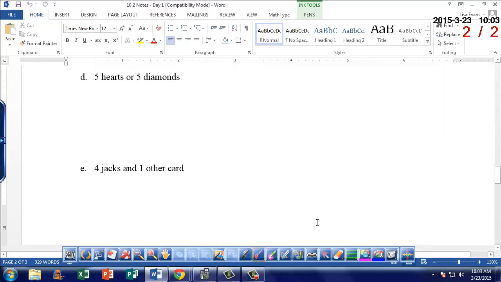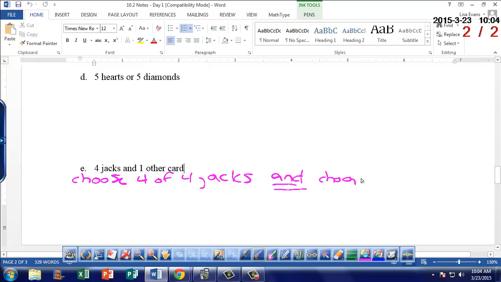Okay, last one on the deck of cards. We have 4 jacks, and one of them is going to be another card. So we're choosing 4 of 4 jacks, and, which is multiplication, one of the other cards. How many are left?